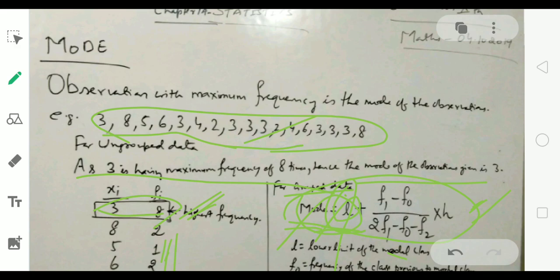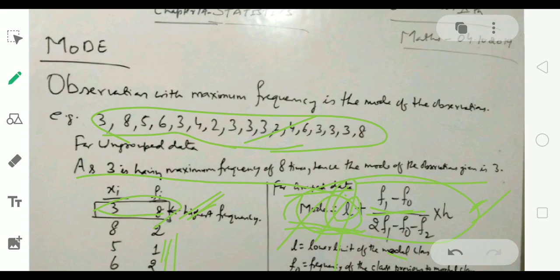Plus f1 minus f0. When we clearly define the modal class, its frequency is called f1, whereas the frequency of the class previous to the modal class is denoted as f0.